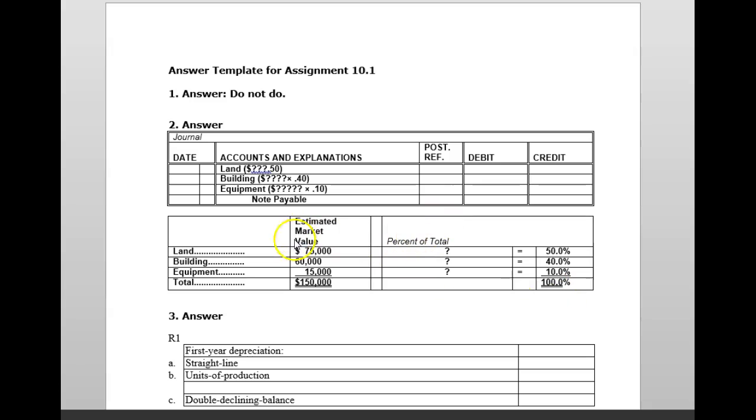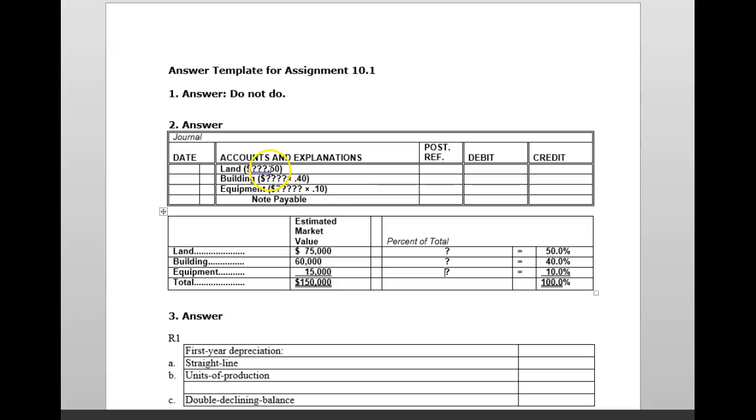This schematic or this table down here should help you. Take 75,000 divided by 150,000 and come up with 50%. Same thing with 60,000 and same thing with 15,000. You should then take these amounts and multiply it times what did they pay for? $140,000.